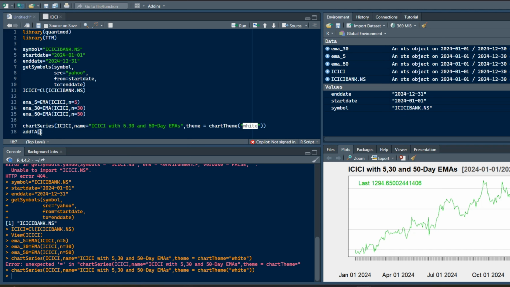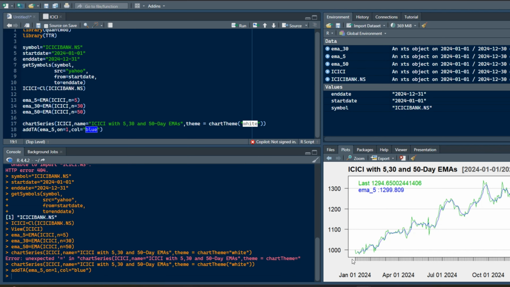So here addTA, we are adding EMA 5 first, comma, on equal to 1, that is on the previous canvas, color equal to, I will mention it in blue color, short term EMA. Only 3 elements are there. So if I run this code, control enter, you can see the blue color lines are appearing on the screen.